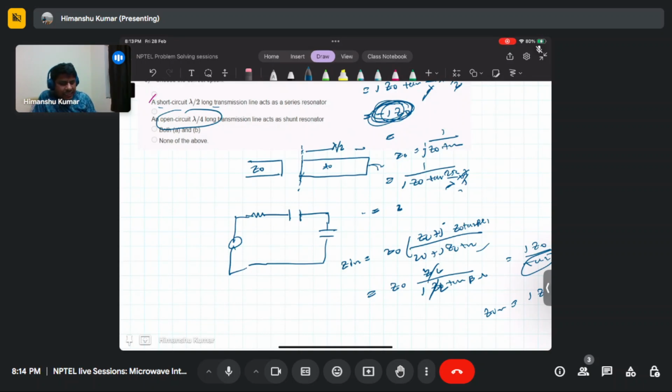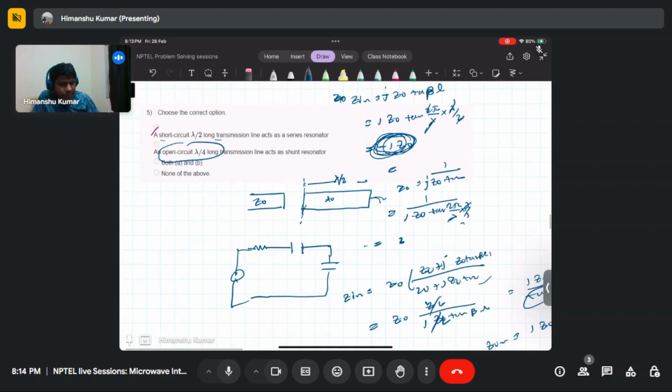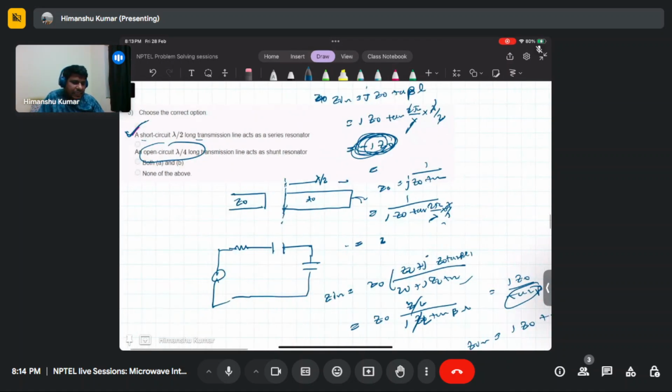So the correct answer will be, I think, the first one. The other one will just behave like a shorted line, so it won't behave like any reactive element.